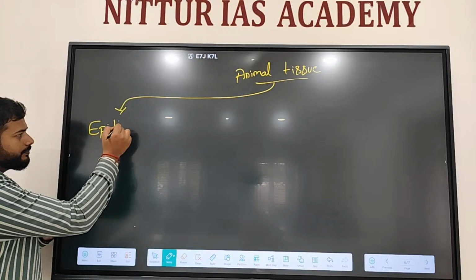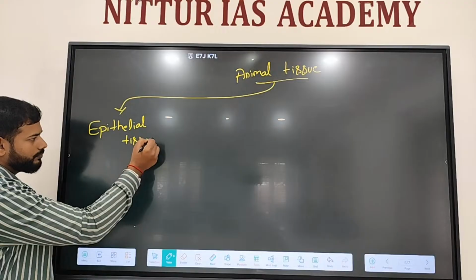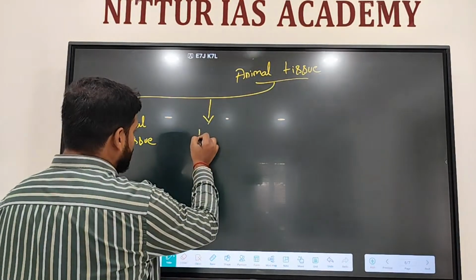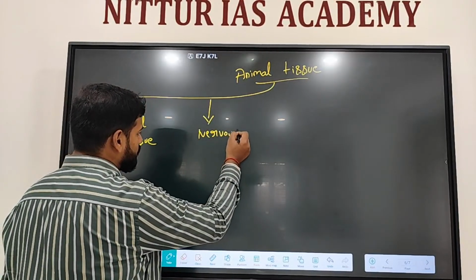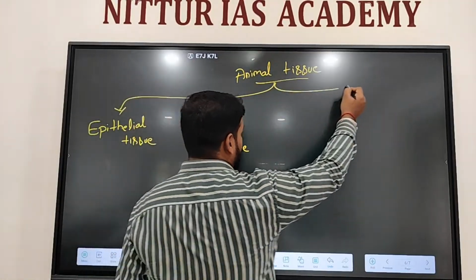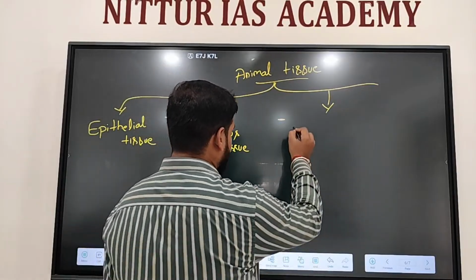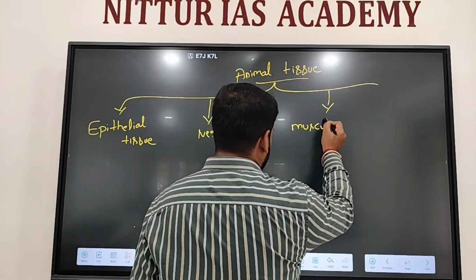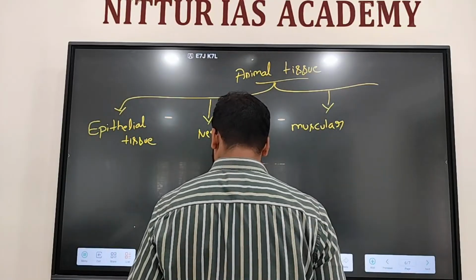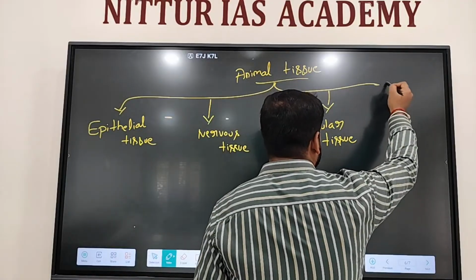Epithelial tissue. Then we have nervous tissue. Then muscular tissue, or muscle tissue.